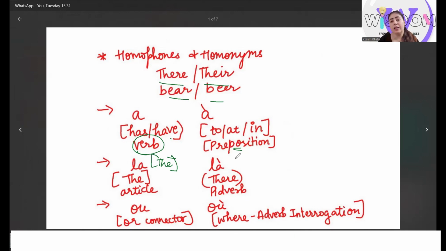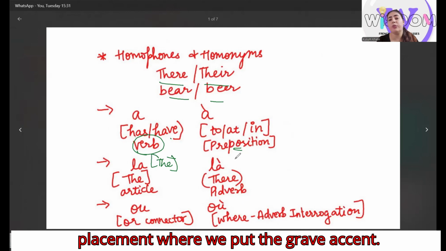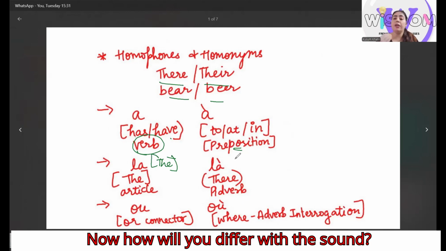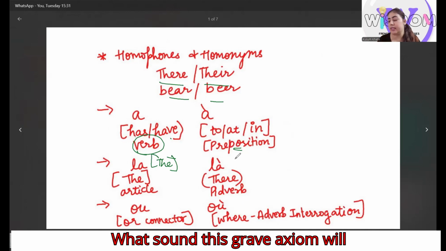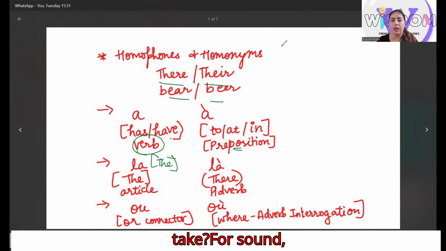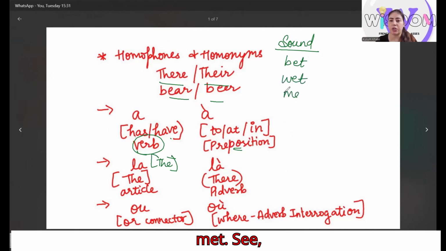Now this is the placement where we put the grave accent. Now, how will you differ with the sound? What sound will this grave accent take? For sound, consider the words bet, wet, met.